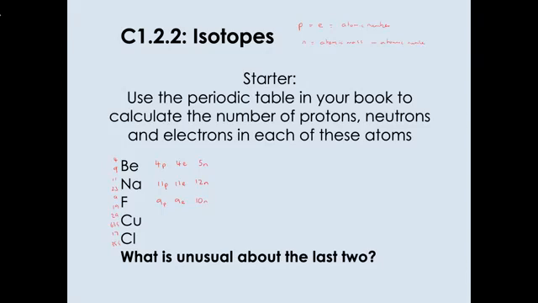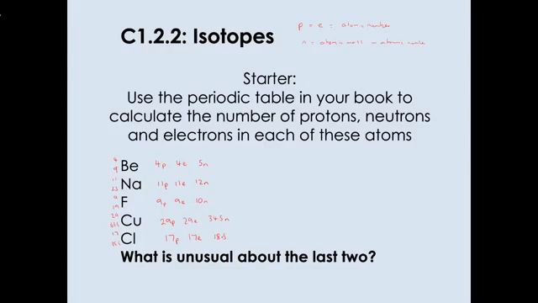And then copper, so 29 is the smallest number, so 29 protons, 29 electrons. And here's where we run into a problem, because that's going to give us 34.5 neutrons. And then chlorine, smallest number is 17, so 17 protons, 17 electrons, and 35.5, so that's going to be 18.5 neutrons.